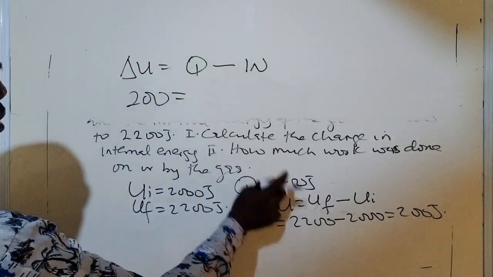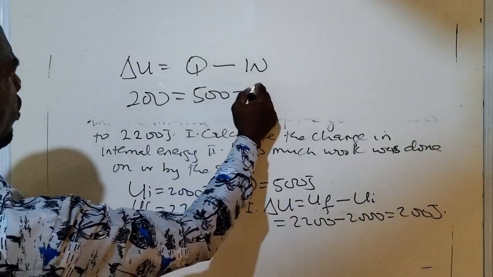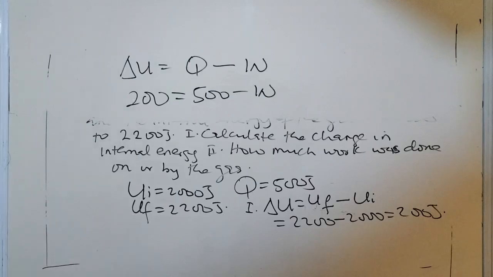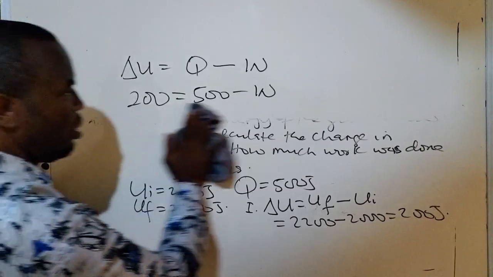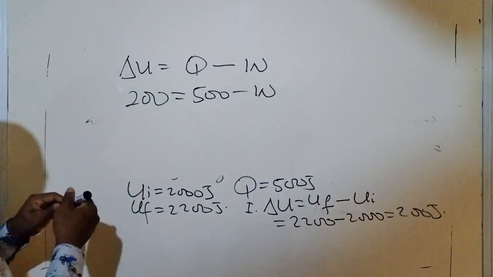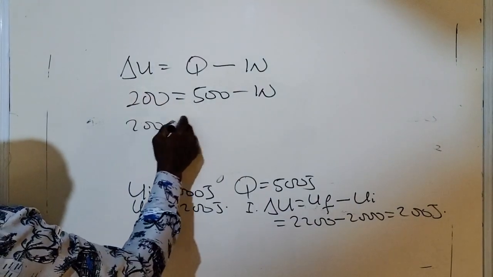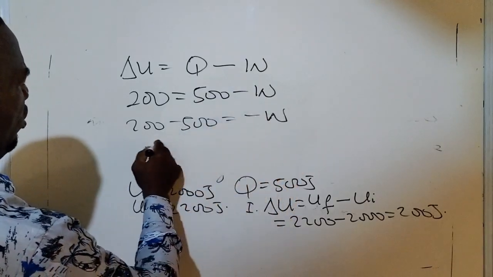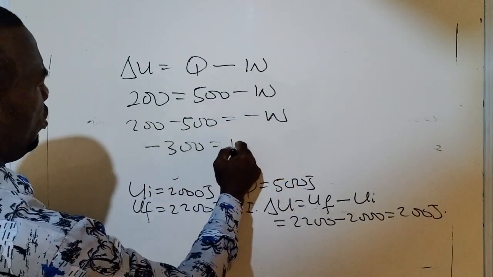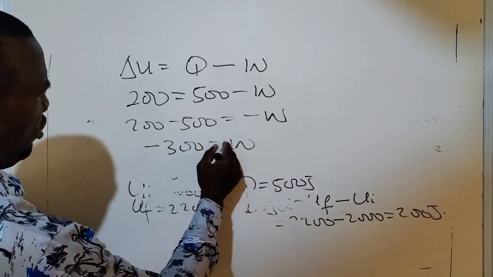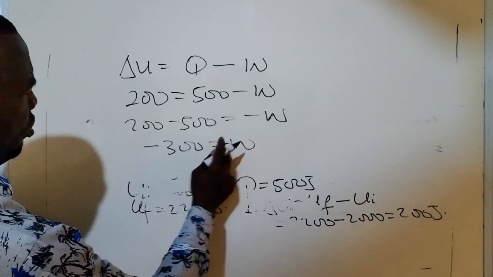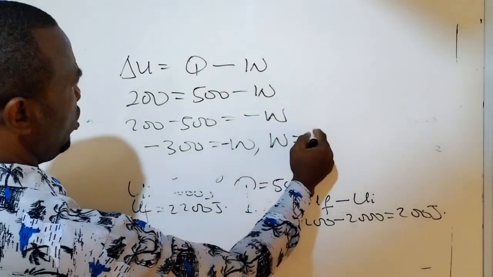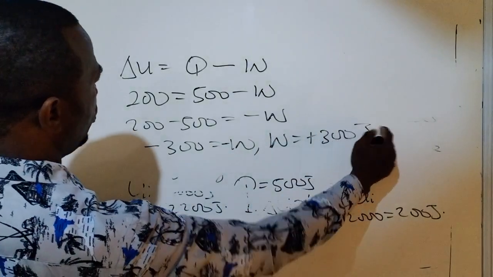The quantity of heat is 500 minus W. So make W the subject of the formula. We cross over: 200 minus 500 equals minus W. So minus 300 is equal to minus W. The minus cancels both sides. W becomes equal to 300 joules.